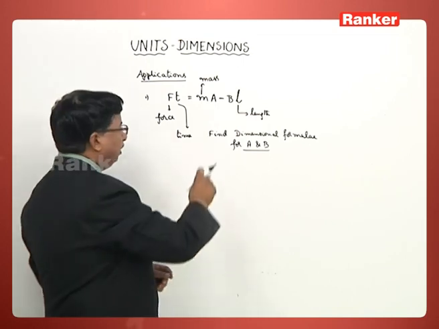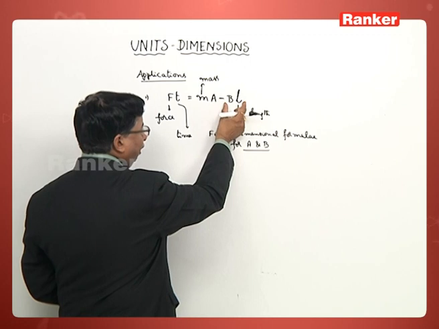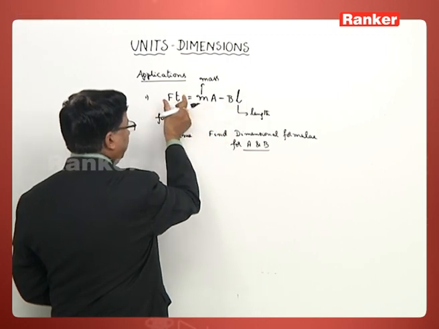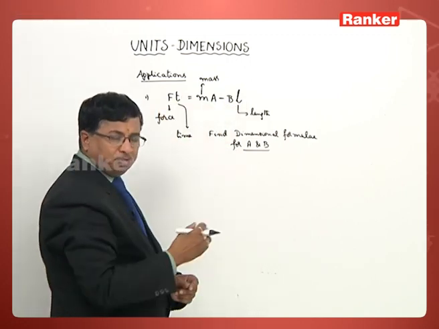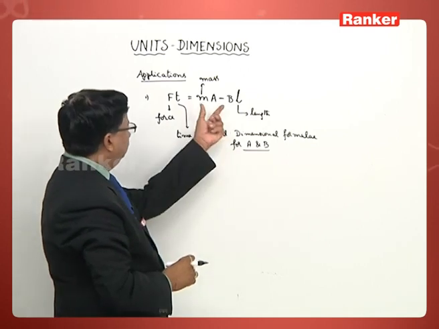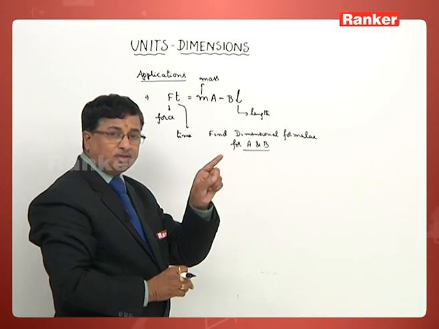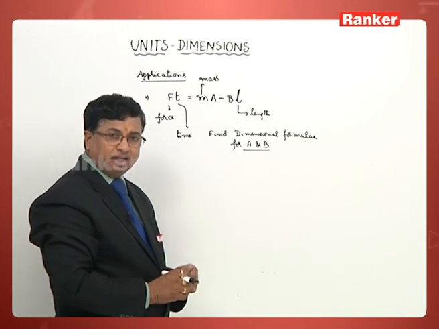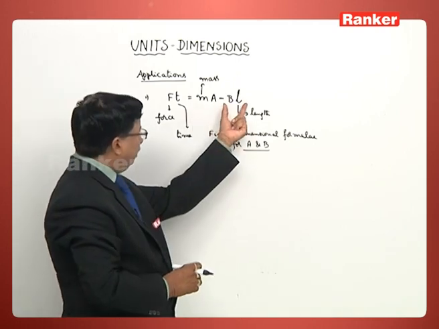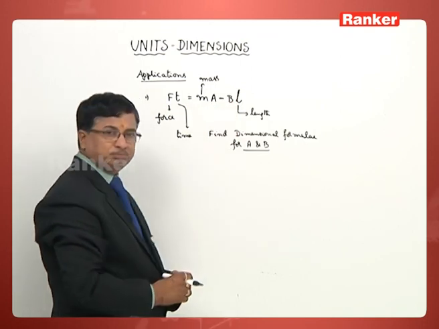I repeat, when we subtract BL from MA, we get impulse. What is the very meaning of it? This MA must be impulse, BL also must be impulse. Then only impulse minus impulse gives us impulse.